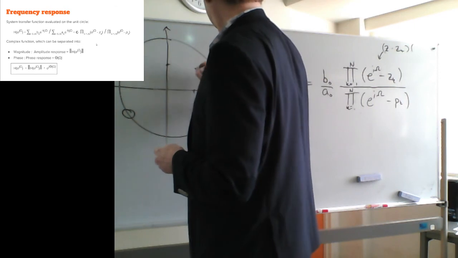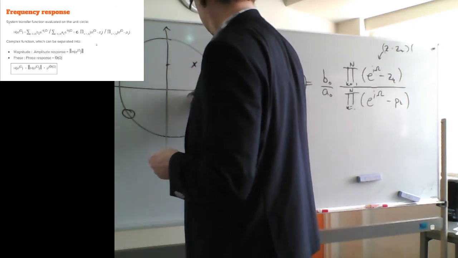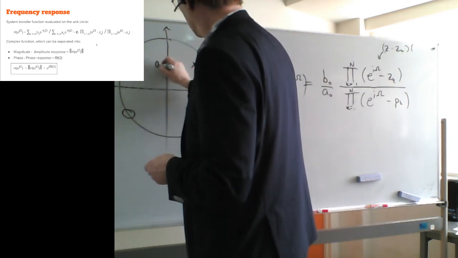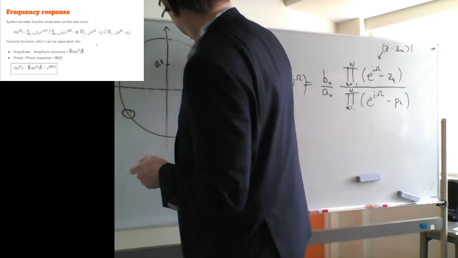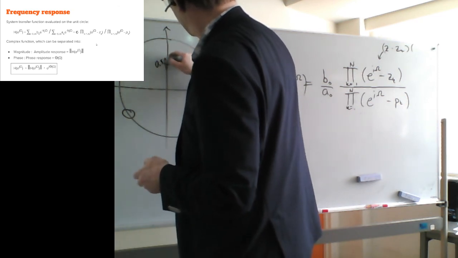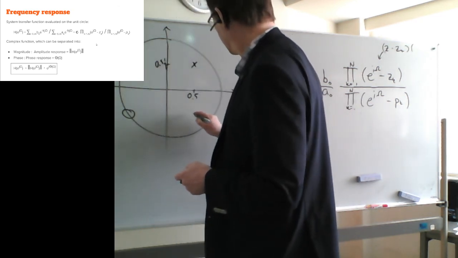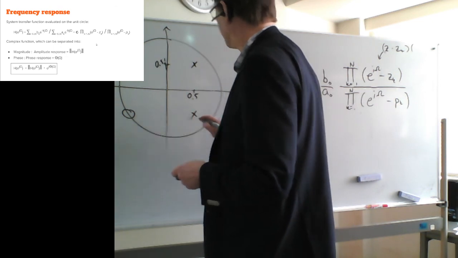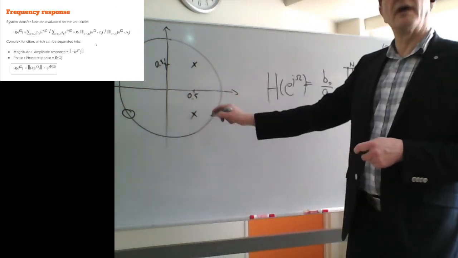So we have pole locations at 0.5 plus 0.5j, and then of course we need the complex conjugate pair for that one.